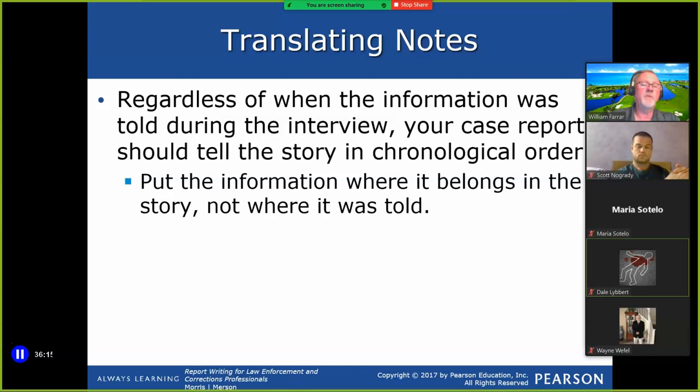Also, from this last week's writing assignment, remember not to call a suspect, a victim, or even a witness by their first name. The very first time you use their name, you could use their full name. It could be suspect John Jones.